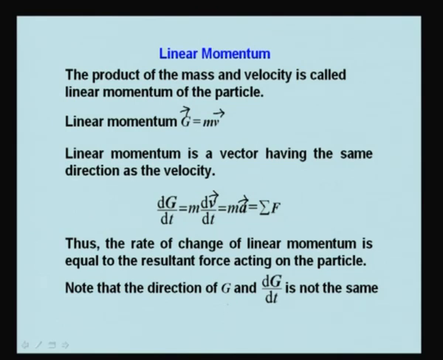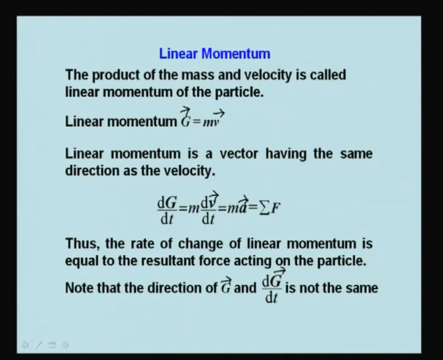Note that the direction of g and dg by dt is not the same. If you differentiate a vector, you do not always get a vector in the same direction. So v and dv by dt may have different directions.